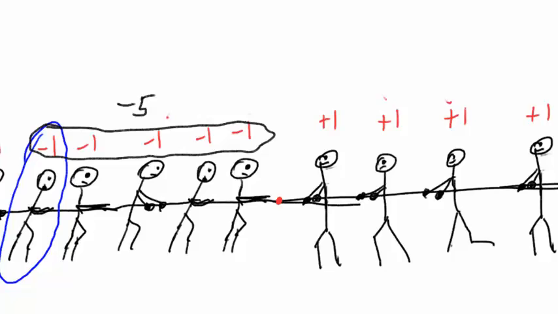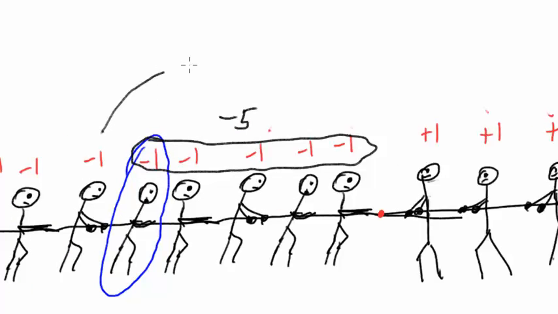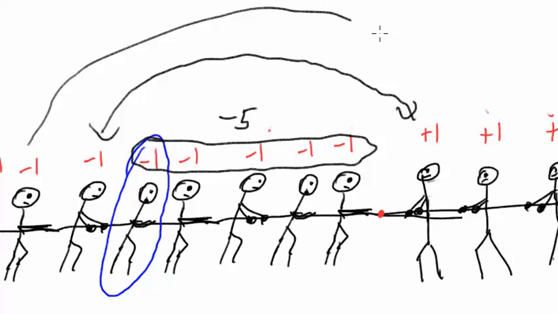And then he's going to say that this guy and this guy are going to cancel out, and this guy and this guy are going to cancel out, and that guy. And so we can get an answer of a force of 500 pounds to the left on that guy right there.